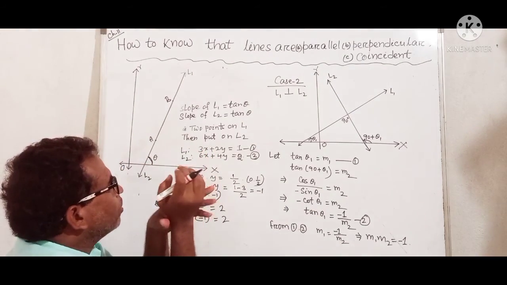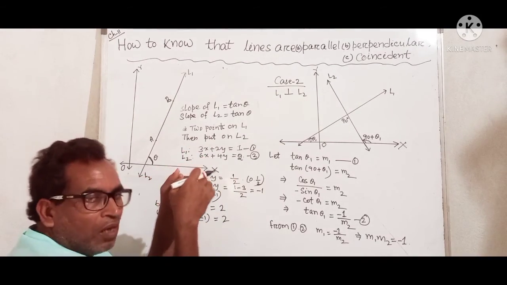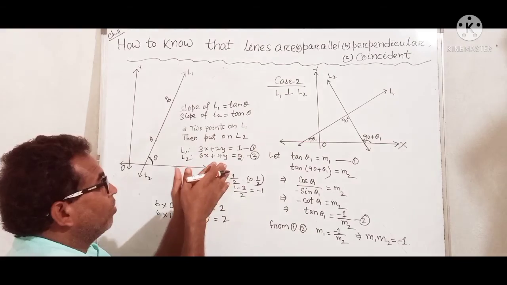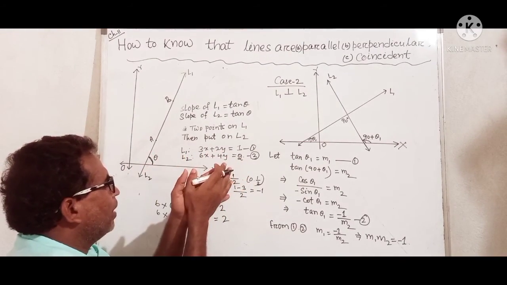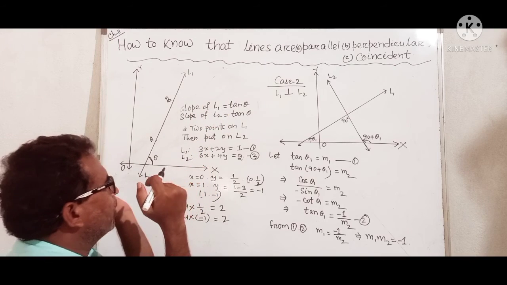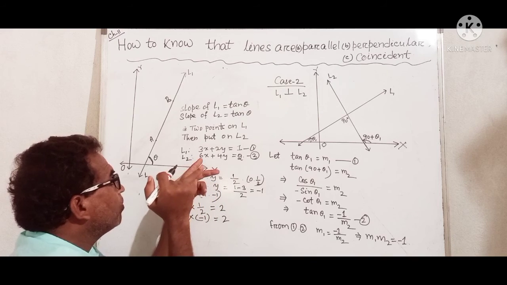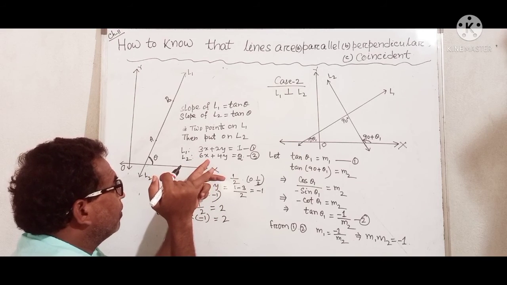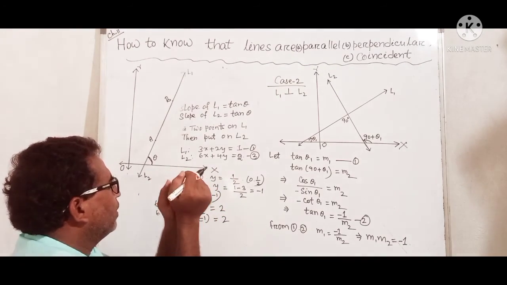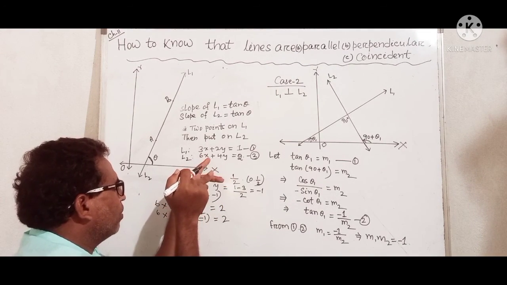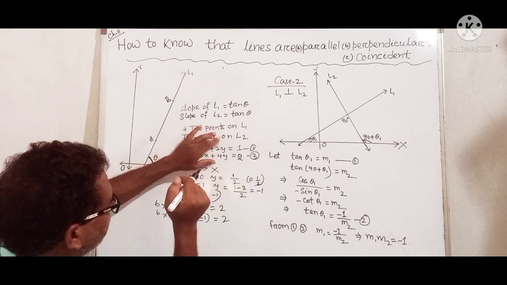So for coincident lines, what are the conditions? First, you will have to find the slopes. If the slopes are equal, then you will have to take the coordinates of 2 points and put them in the two equations.